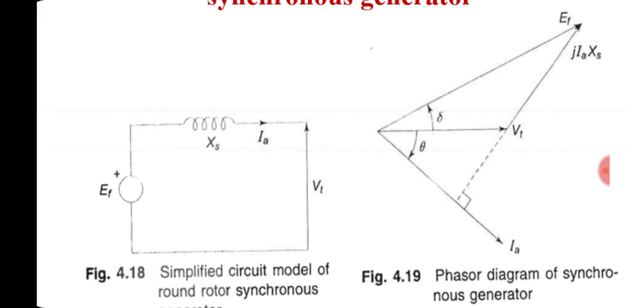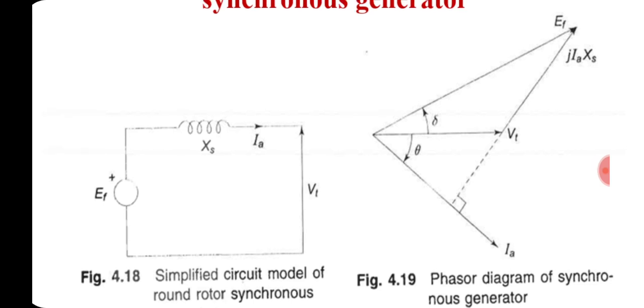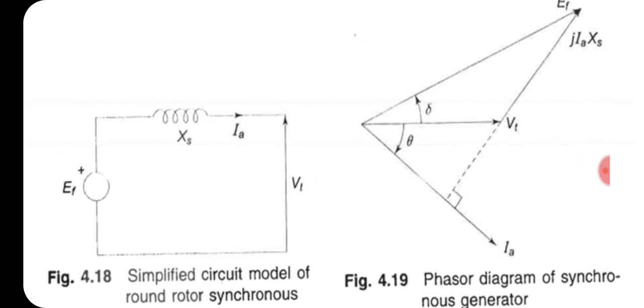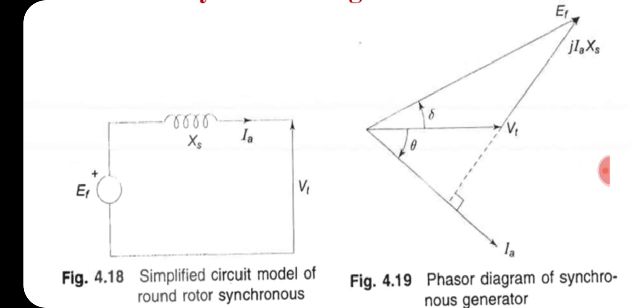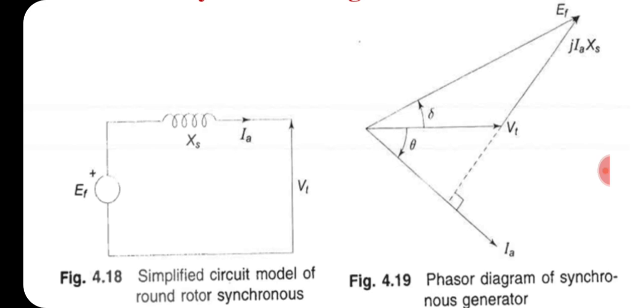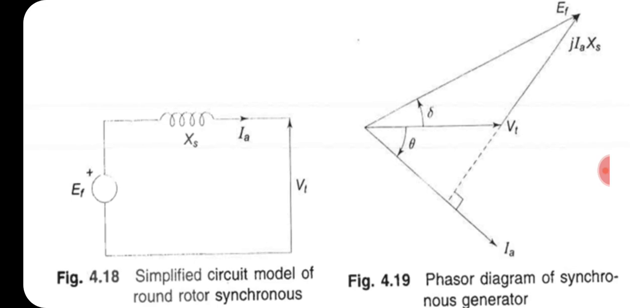Vt, the terminal voltage, is taken as the reference, and EF leads by angle delta, with Ia the current. So j Ia XS added to Vt gives the summation equal to EF.